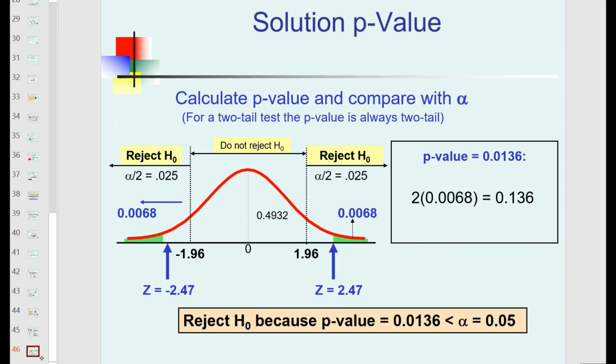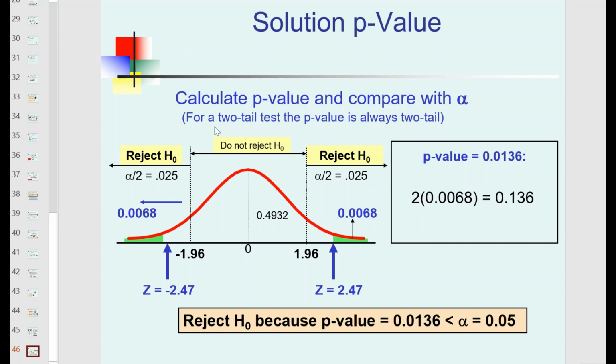If you read from the table, this is negative 1.96. So this is the area here. If you read from the exact table, the p-value here is 0.0136 here. Okay, of this value.